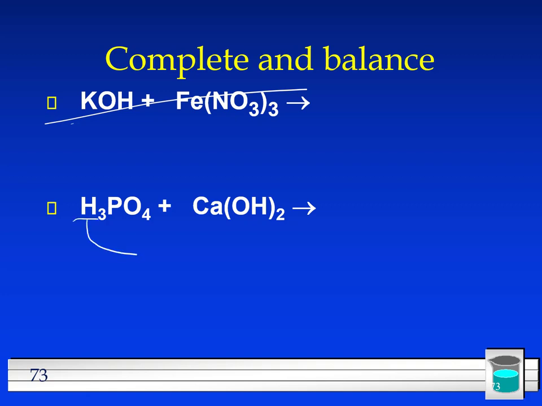So the H and the Ca are going to change places. So the H starts out next to PO4. I don't want it next to PO4. It's going to end up next to hydroxide, OH.